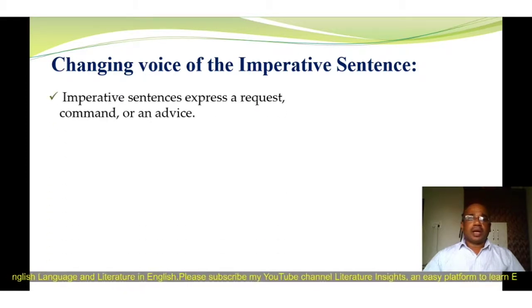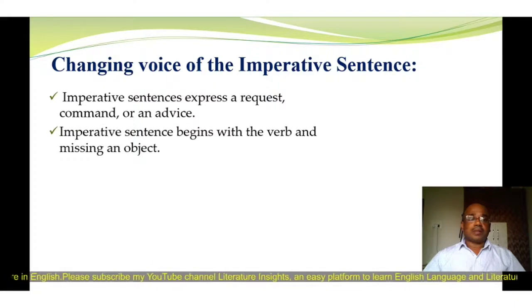Number 1, imperative sentences express a request, command, advice, obligation, suggestions. Second, an imperative sentence begins with the verb and is missing an object. So an imperative sentence always begins with the main verb and it is also missing an object in the sentence.